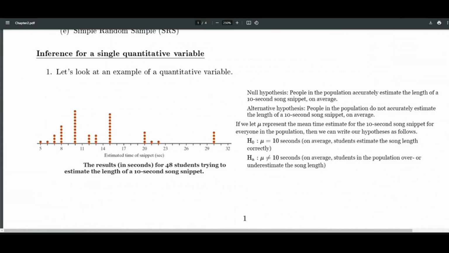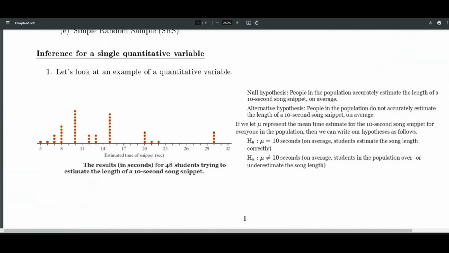And things that you don't know that pertain to the population, we give a Greek symbol. And now because it's a mean, we call it mu. Is that okay? So we are testing: the status quo is that people can tell on average that it's 10 seconds. The alternative is no, they cannot tell in general. So that's the only departure from what we already know. It's something very, very basic.